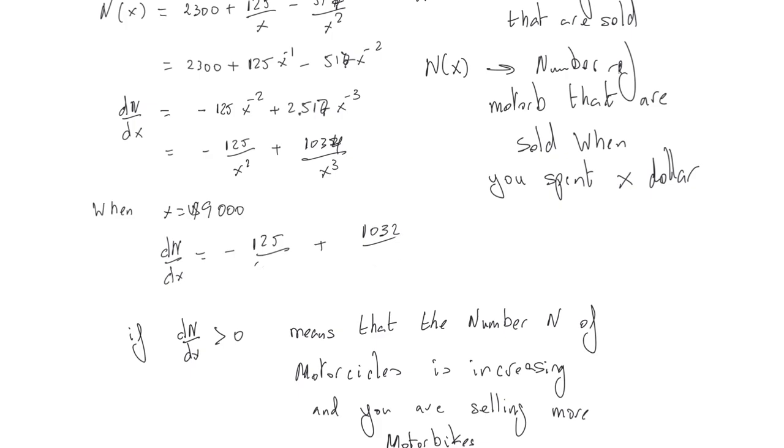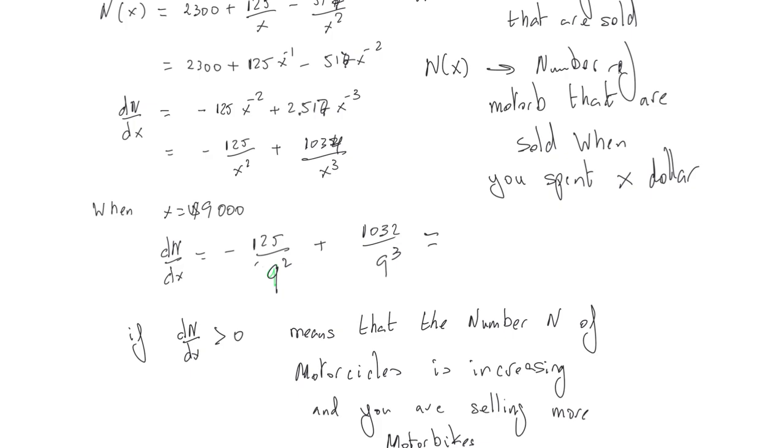So if I plug in 9, I need to see if the slope is positive or negative. Minus 125 divided by 9 plus 132 divided by 9 squared and 9 cubed. Is this a positive number or a negative number?